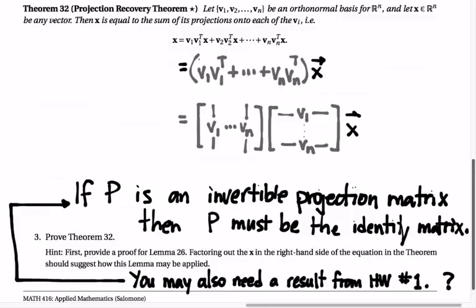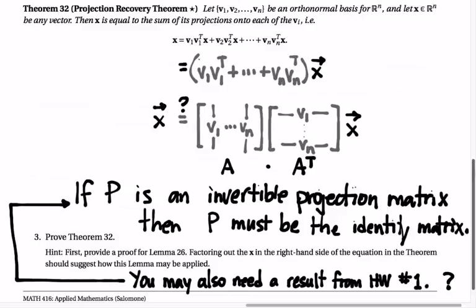So in other words, what we have on the right-hand side of this equation is A A transpose times x, if A is the matrix whose columns are our vectors V1 up through Vn. So that's one way to see what's on the right-hand side. The question is, why should that be equal to x itself?